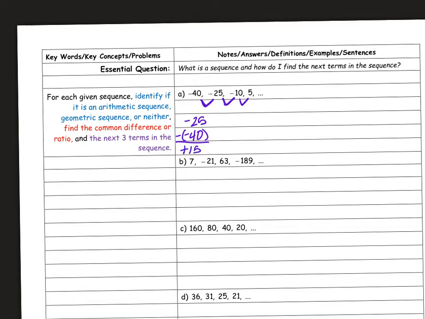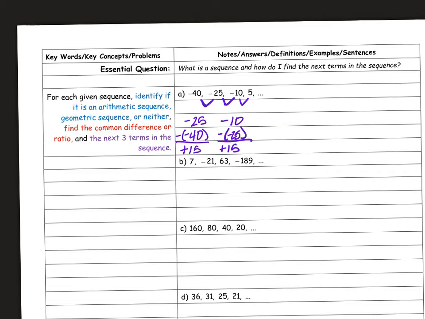Then I'm going to do that again with the second set of numbers: negative 10 minus a negative 25. I'll put that in my calculator, and I should also get, oh my goodness, positive 15.